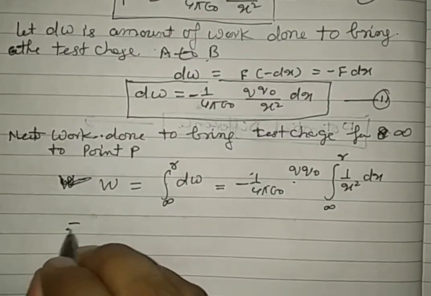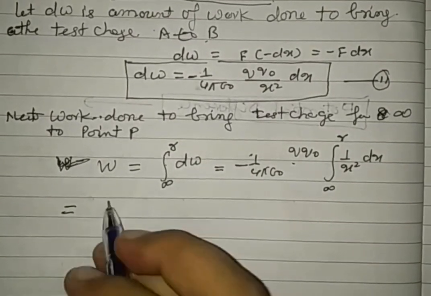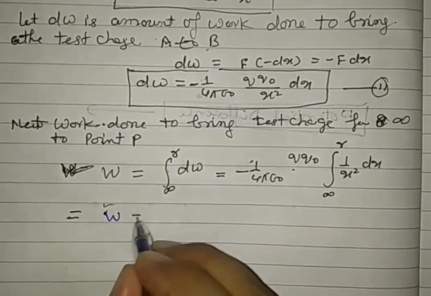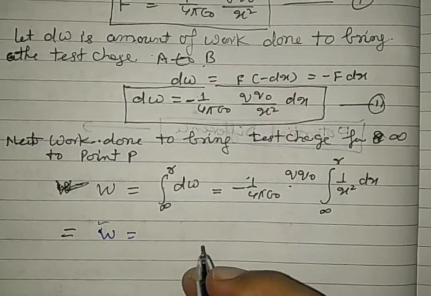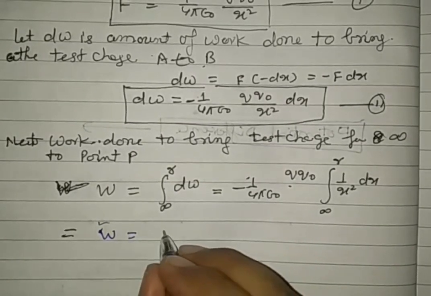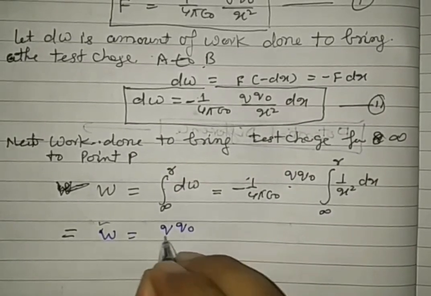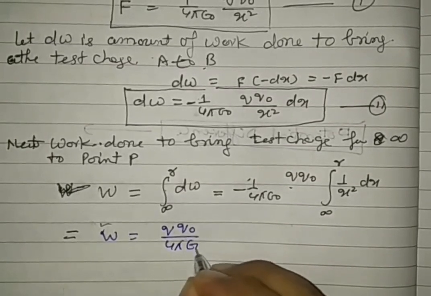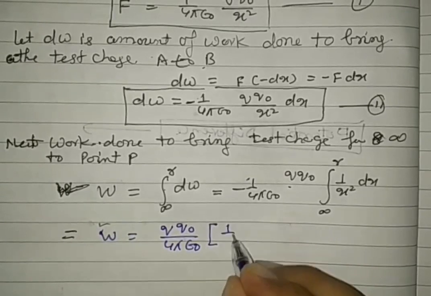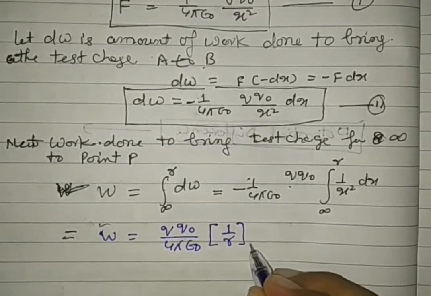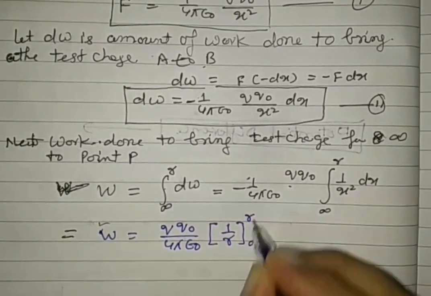This implies that net work done is equal to Q Q0 upon 4 pi epsilon 0 times 1 by r, from infinity to r.